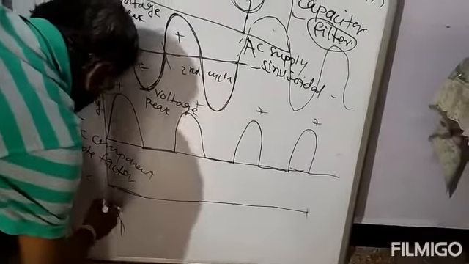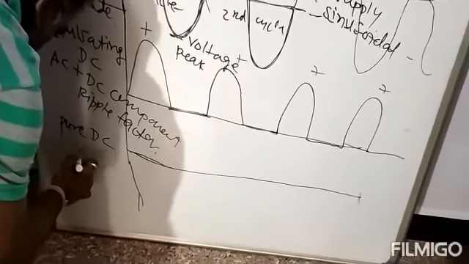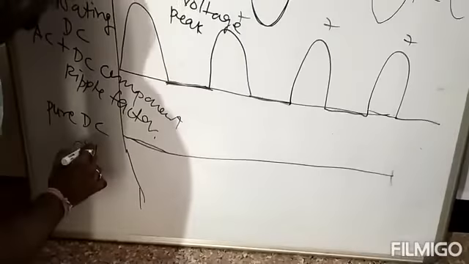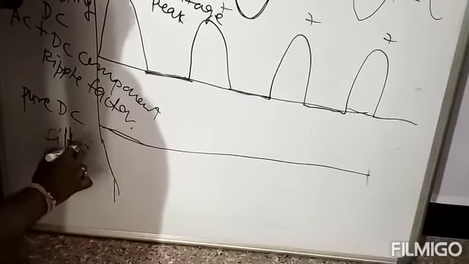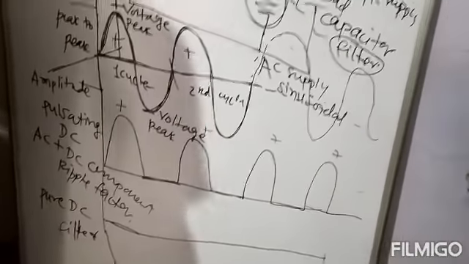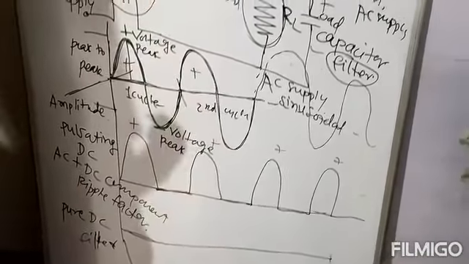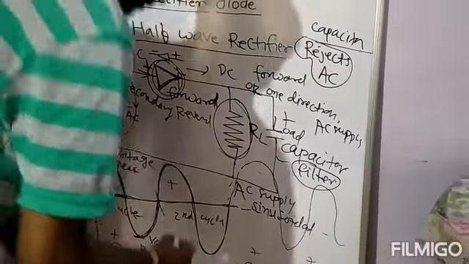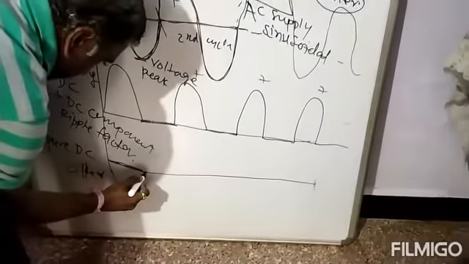Capacitor filter itself, whenever we use the filter. What is the function of the filter? It stores the DC supply, and hence we are getting a pure DC.